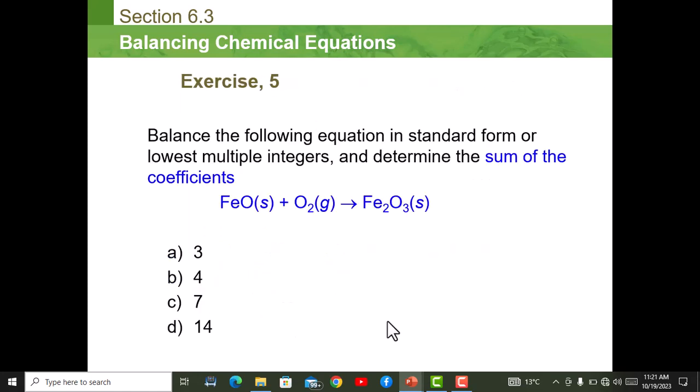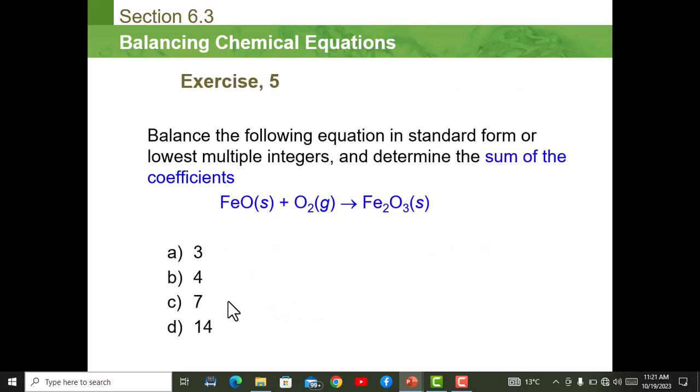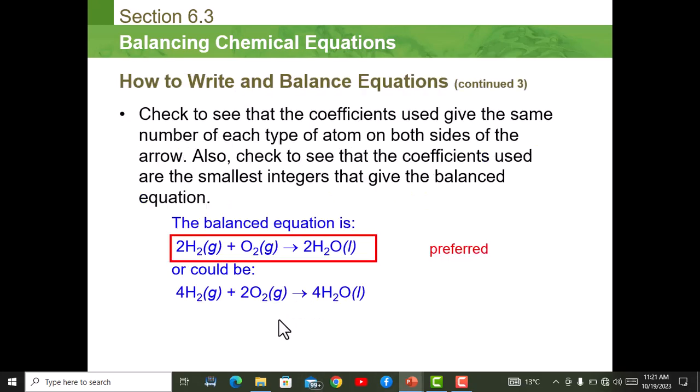Right. Balance the following equation in a standard form or the lowest multiple integers. So this is the lowest multiple integer and the high multiple integer values. So we are using integers to balance a chemical equation. At the end of the day, you must have an integer.